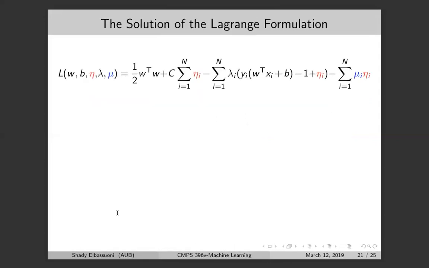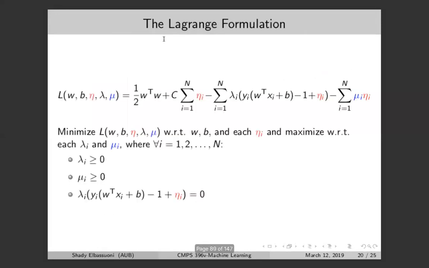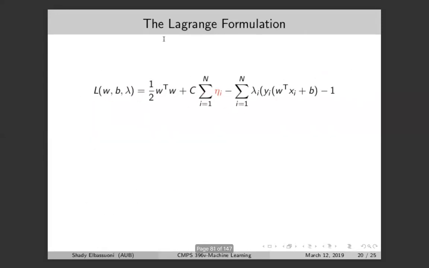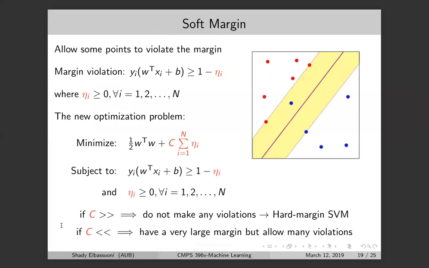So how do I get the value of W in this loss function? What do I do? We differentiate and equate to 0, exactly. Where did mu come from? You had a constraint in the loss function: eta i is greater than or equal to 0.